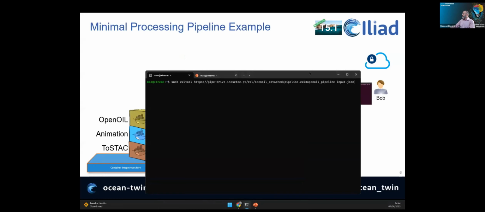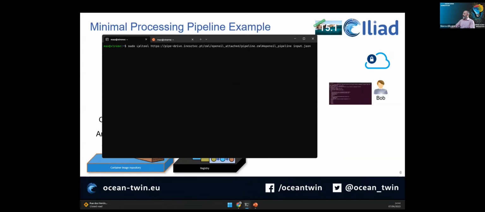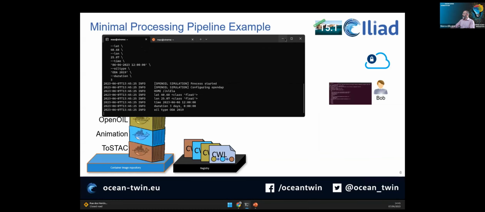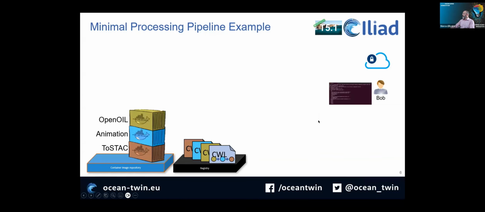So I'm acting as Bob here, and I'm requesting to run this tool using a set of inputs to the requests here. And I'm running this. It will fetch the containers. It will run the containers on the backend. I will continue with the presentation.